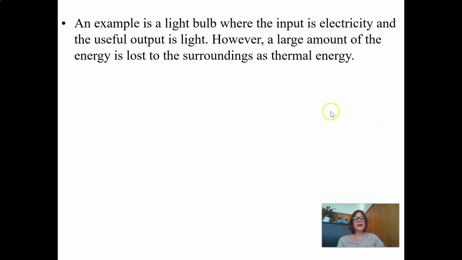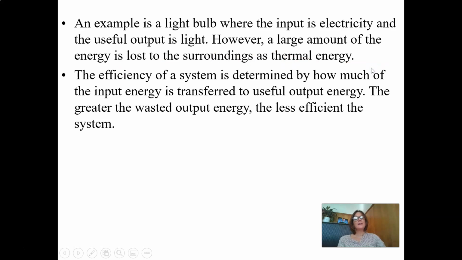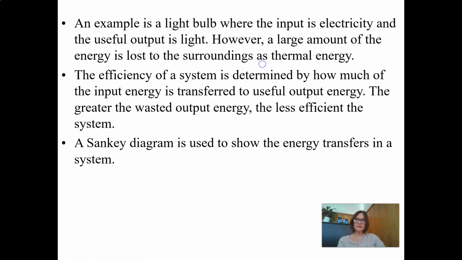An example is a light bulb where the input is electricity and the useful output is light. However, a large amount of energy is lost to the surroundings as thermal energy. The efficiency of a system is determined by how much of the input energy is transferred to useful output energy. The greater the wasted output energy, the less efficient the system.